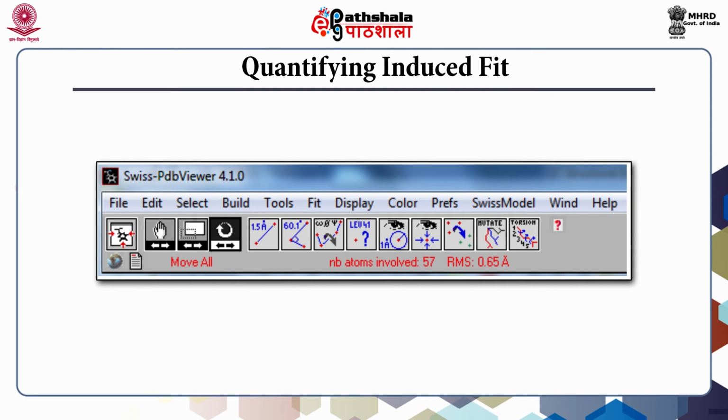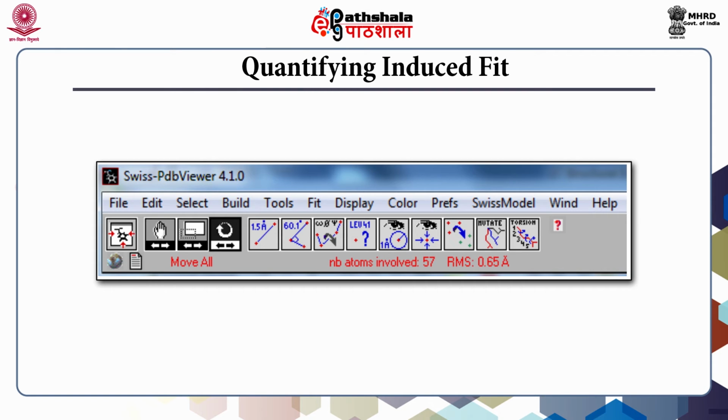Calculate RMS between all atoms of the 8 same active site residues in the substrate and product bound OSBS. This shows that the structures of the enzyme, one bound to substrate and the other bound to product, are near to each other with only 0.65 angstroms average distance.